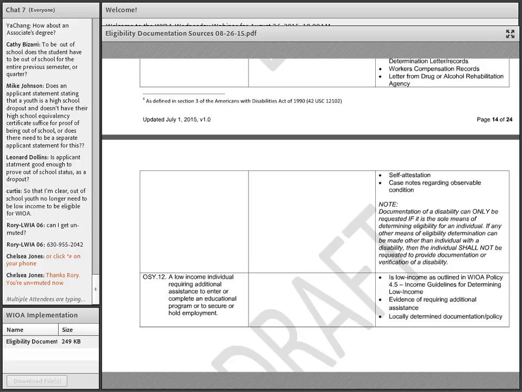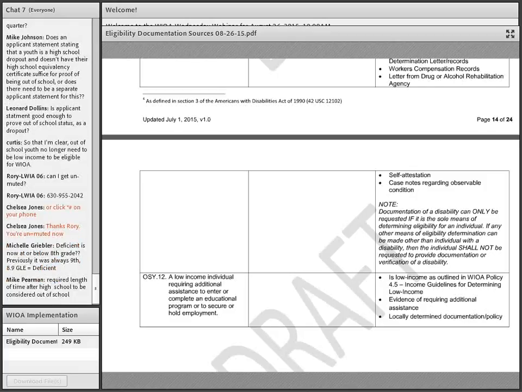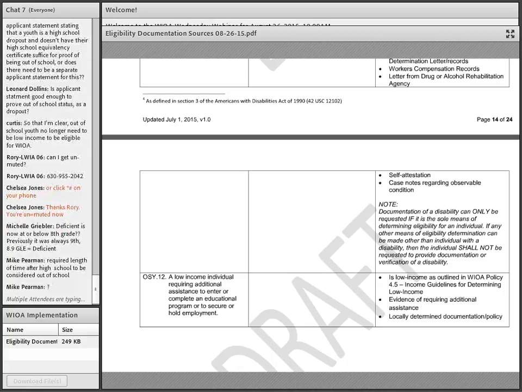So those would be a dropout, within age of compulsory school attendance but has not attended school in at least the most current calendar quarter as defined by the school, is a foster kid, aged out of foster care, pregnant, parenting, has a disability, is a runaway, is homeless. Any of those criteria do not require you to support low income.